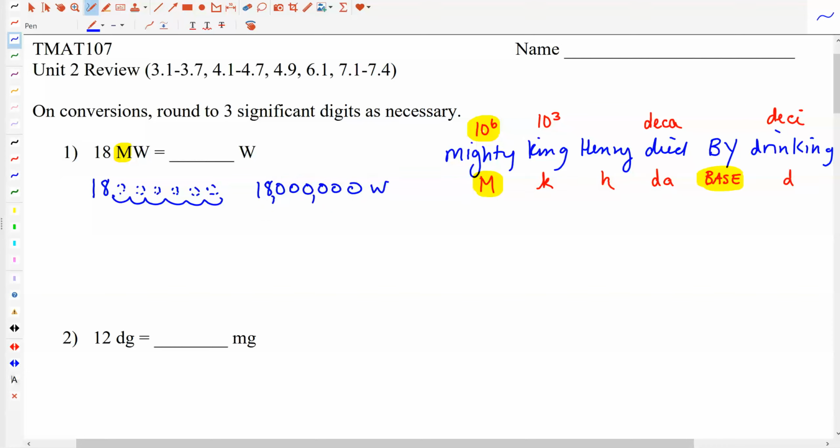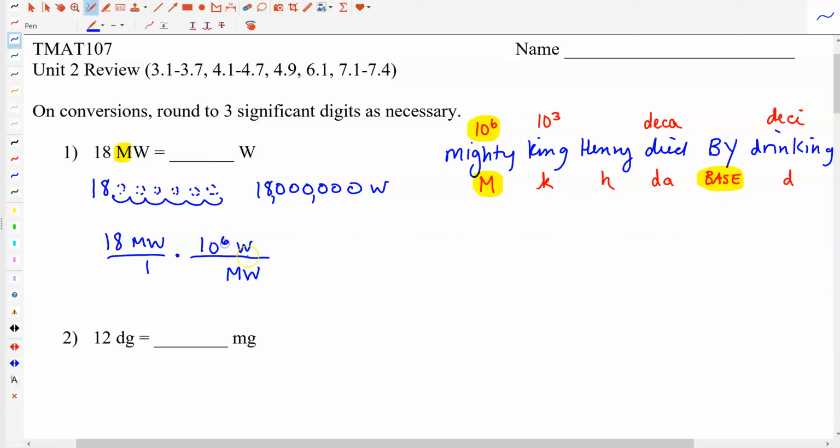If you wanted to set this up a little bit more formally using conversion factors, it would be 18 megawatts over 1. I'm trying to get out of megawatts and into my base unit of watts, and the relationship is there's 10 to the 6 watts in 1 megawatt.